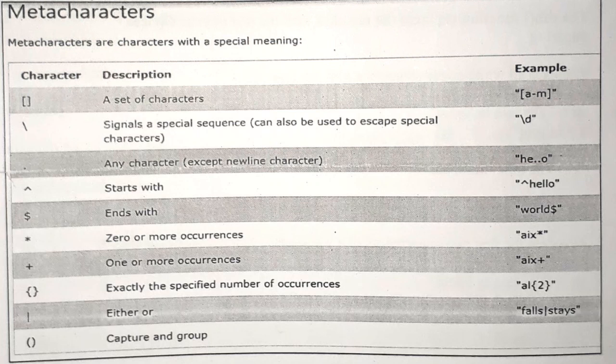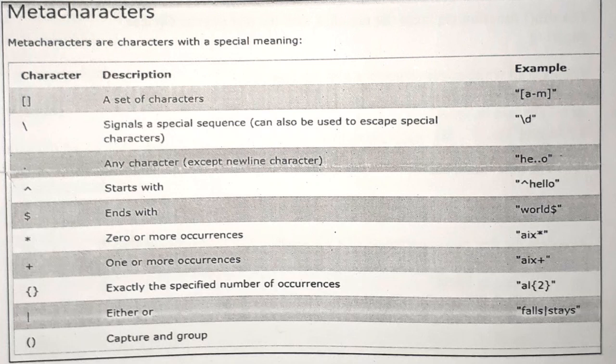Like "hello". If we have the string "hello", it will give us the result true, because he should be at the start and o at the end, and between he and o, dot dot means any characters are allowed, but two dots means two characters are allowed. That is very important.